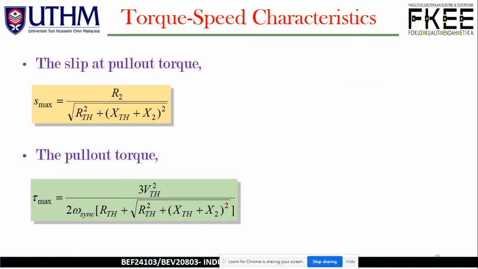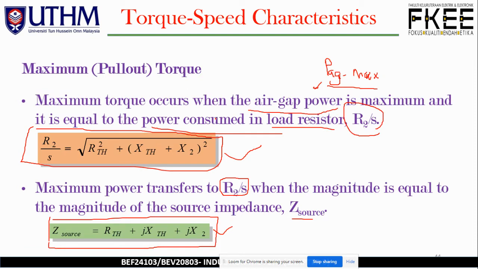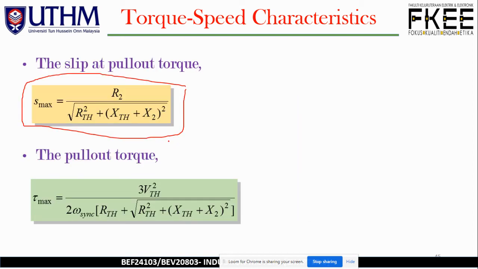What about the slip at pull-out torque? This is from the previous slide here, and we rearrange the equation in terms of S. You see, S is located down here in the denominator. So rearrange, and you will get that S max is equal to R2 over the square root of RTH squared plus the rest.